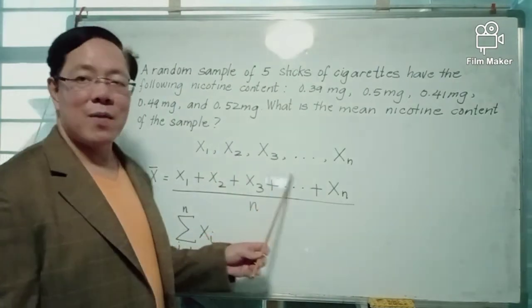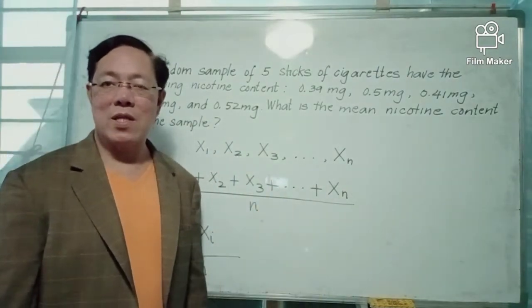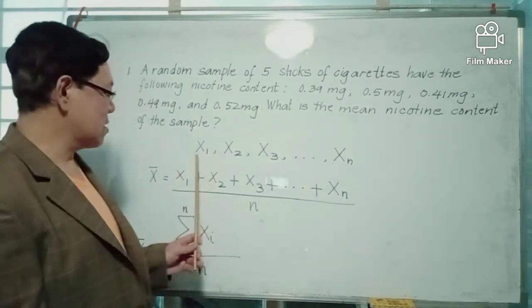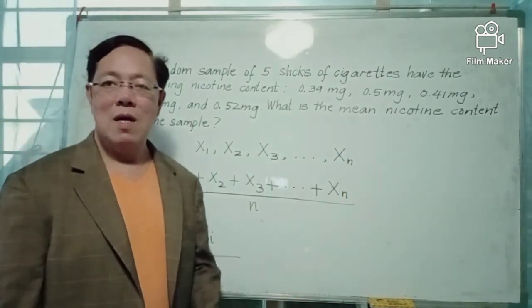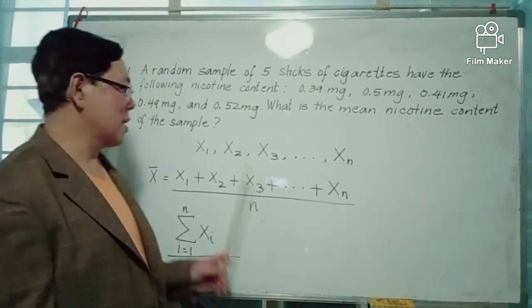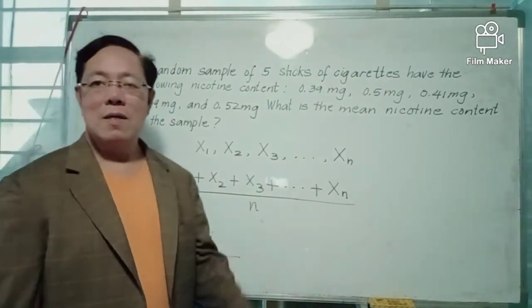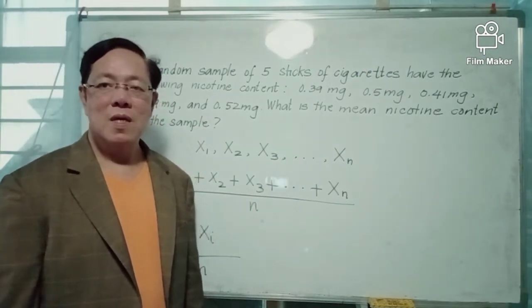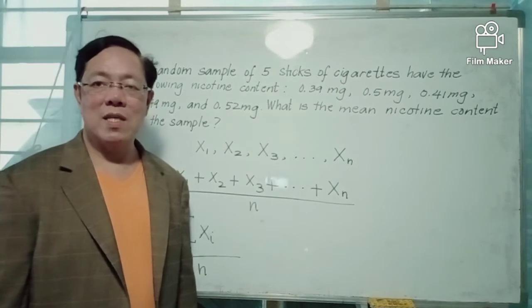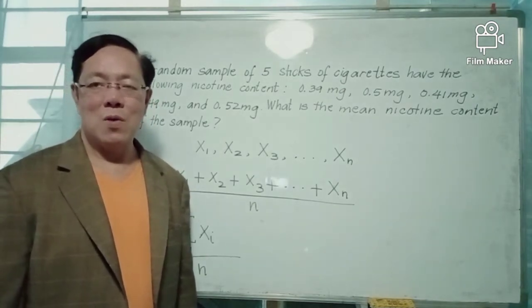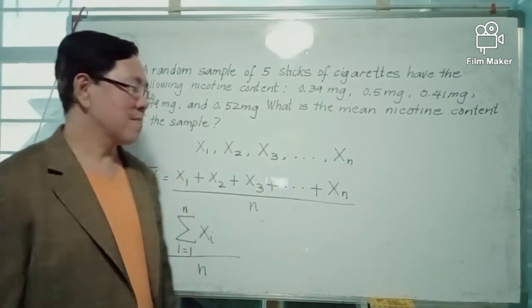We would like to get the mean of these n values. As we said earlier, the mean is the sum of the values, and the sum is indicated by the operation addition, and the sum is divided by the number of values added, and the quotient is known as the mean.